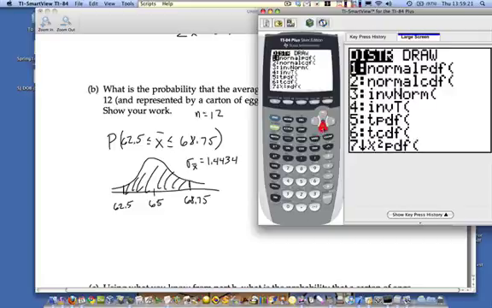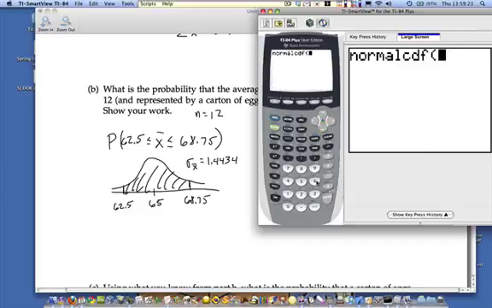Take a look at normal CDF from 62.5 to 68.75 with a mean of 65 and a standard deviation of 1.4434.